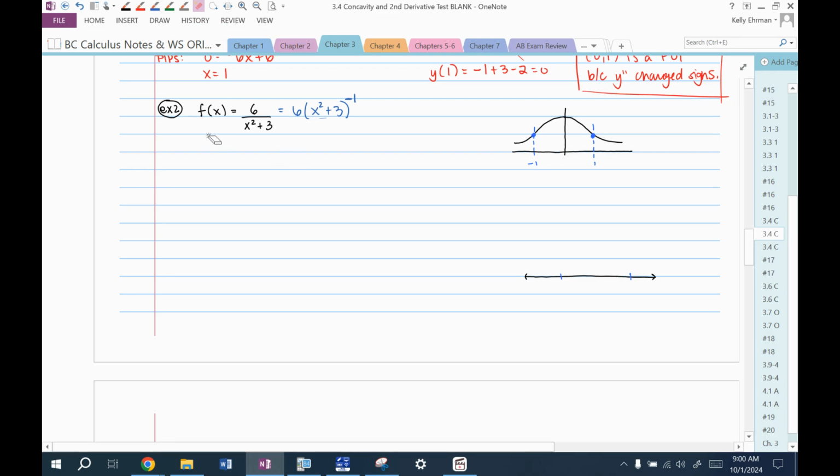Well, I was fine with the first derivative. I knew I missed something because I didn't have as complicated of a problem as I thought I should. First derivative was totally fine, right? It was negative 6 times x squared plus 3 to the negative 2. Chain rule, this was totally fine. What did I mess up back here when I took the second derivative?